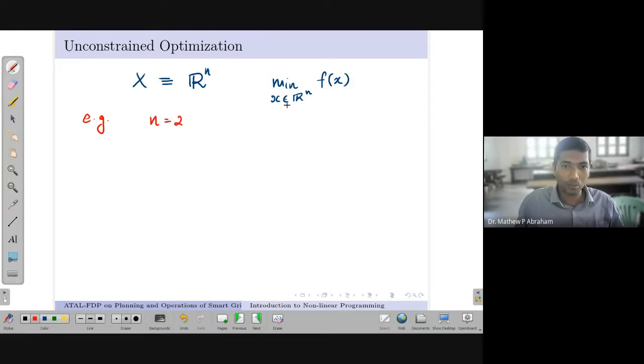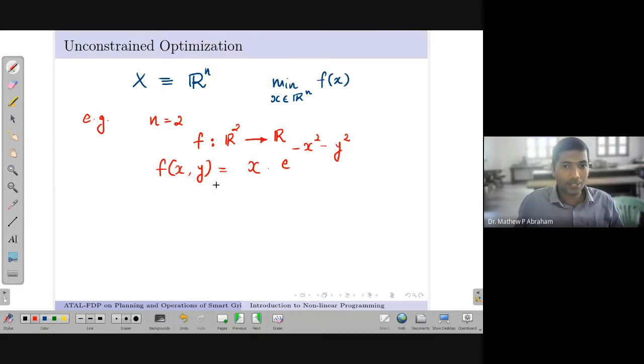There are two axes, and capital X is equal to R square, so f is a mapping from R square to R. Let's consider f of x comma y to be, as an example, x times e raised to minus x square minus y square.